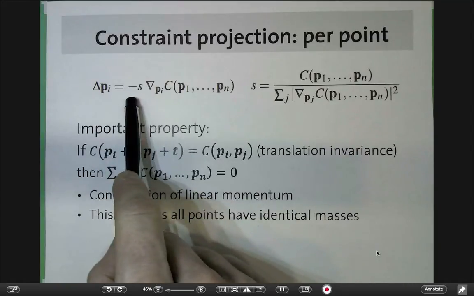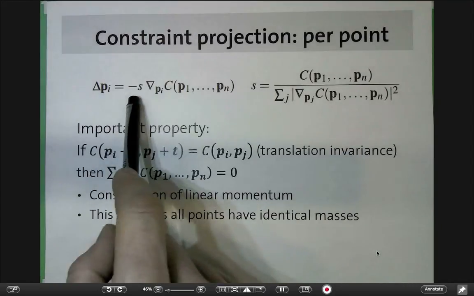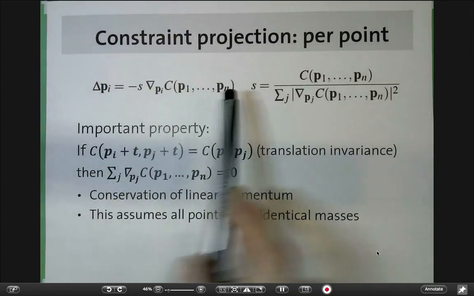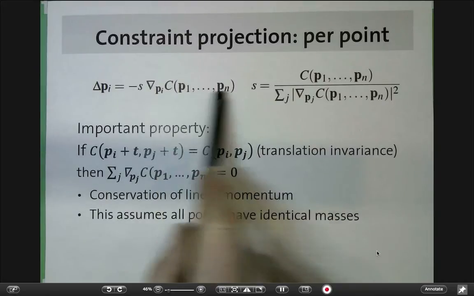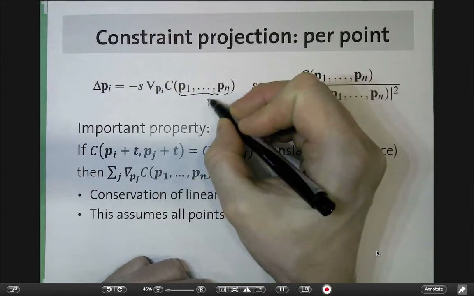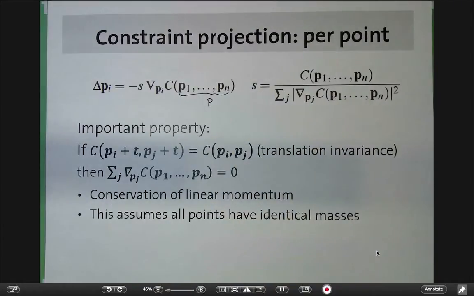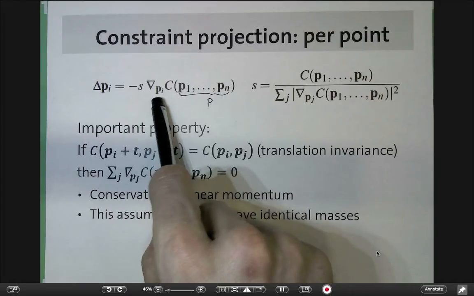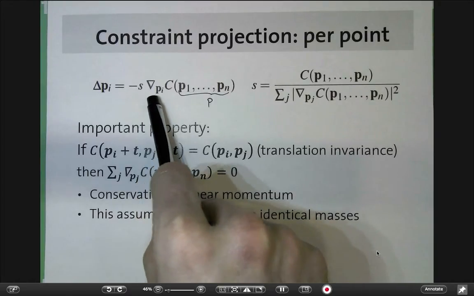Now what previously was lambda is now denoted as minus s, which is a weird notation, but that's just a notation, whatever. And here is the gradient of my constraint. I can also be denoting this just by P, so I don't have to write P1 to Pn. The important thing is that the gradient is just with respect to the ith particle, number i.